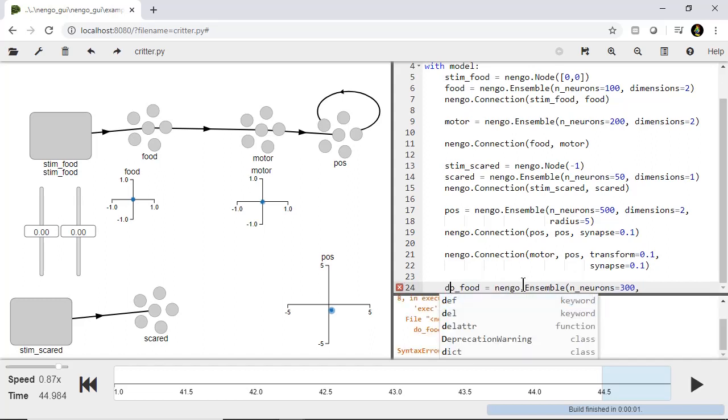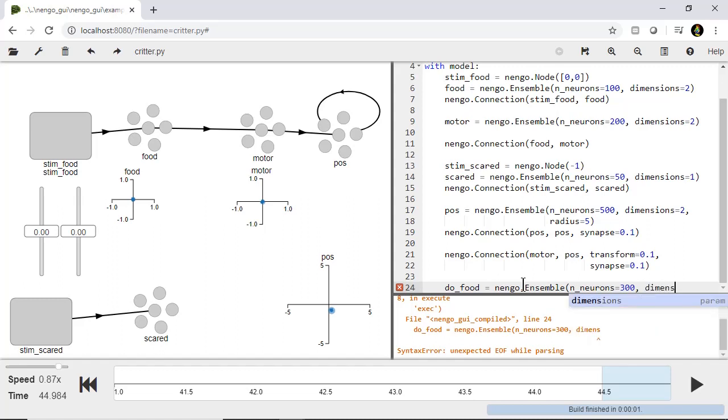I don't know what we're going to call it. It's an action: whether or not we should go towards the food if we're scared. All right, so that's why I'm going to call it do food. In order to implement that function, I need to know both scared and both of the food dimensions. All right, so the dimensions is going to be 3.